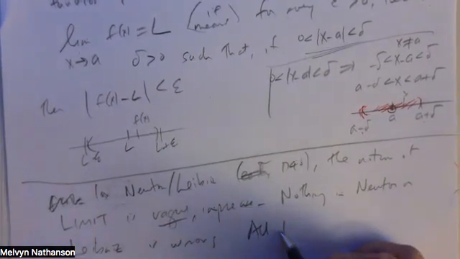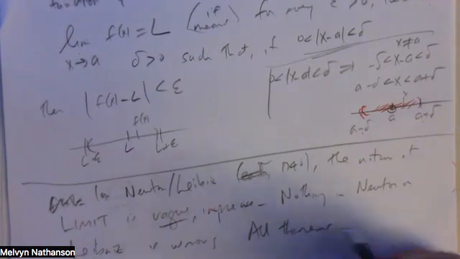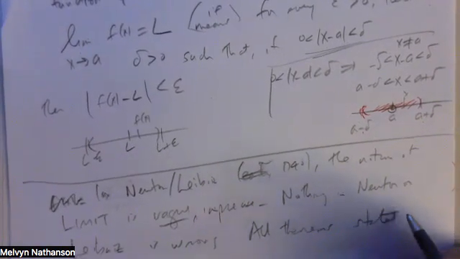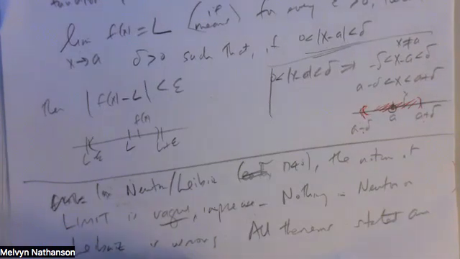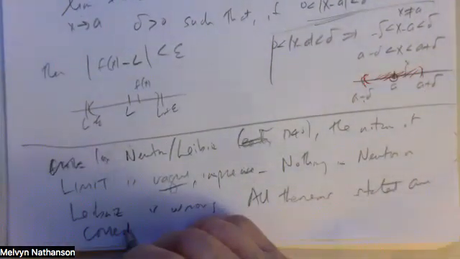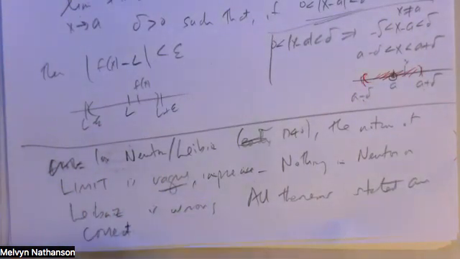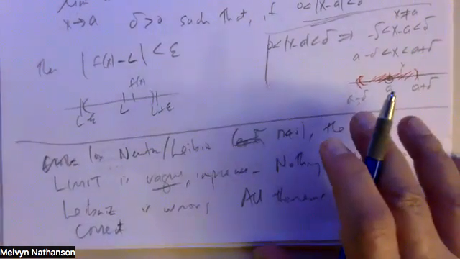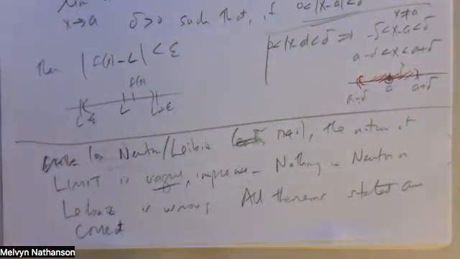All the theorems stated are correct. You might say what they used was their intuition of a limit, but their intuition was 100% good. You can state a theorem and have a proof that's not correct, but the theorem may still be true.